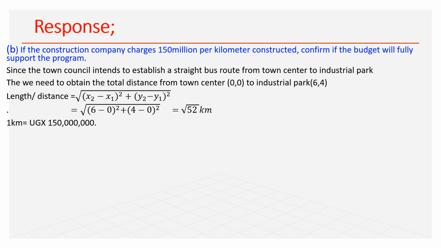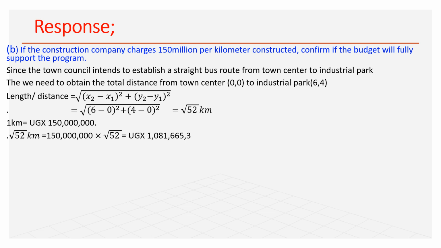Of course, for larger distances, we shall take care of kilometers. Actually, it is even given. They are charging 150 million per kilometer, so it is in kilometers. Now here, 150 million for 1 kilometer. How about square root of 52 kilometers, how much will that go to?